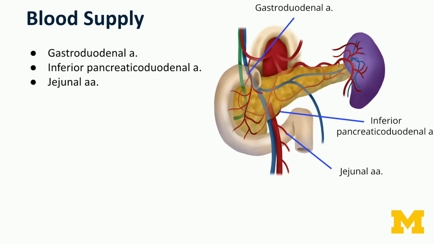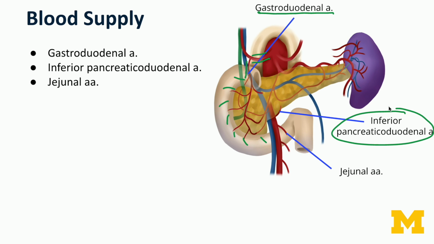Now, the blood supply of the duodenum is also very complex, but we'll take a look at this from a 10,000-foot view. The three major sources of blood that we get are the gastroduodenal artery. The gastroduodenal artery is coming from the common hepatic artery there, and it descends down and sends branches to the duodenum as well as to the pancreas. And then there's the inferior pancreaticoduodenal artery.